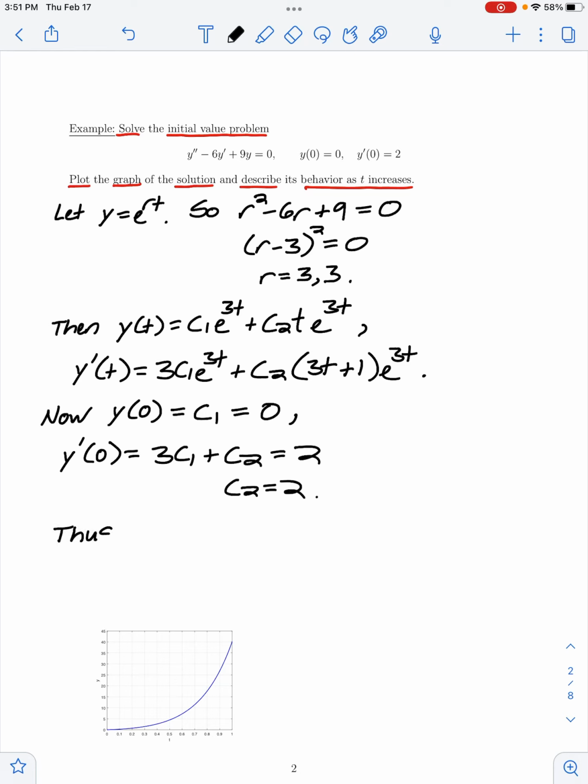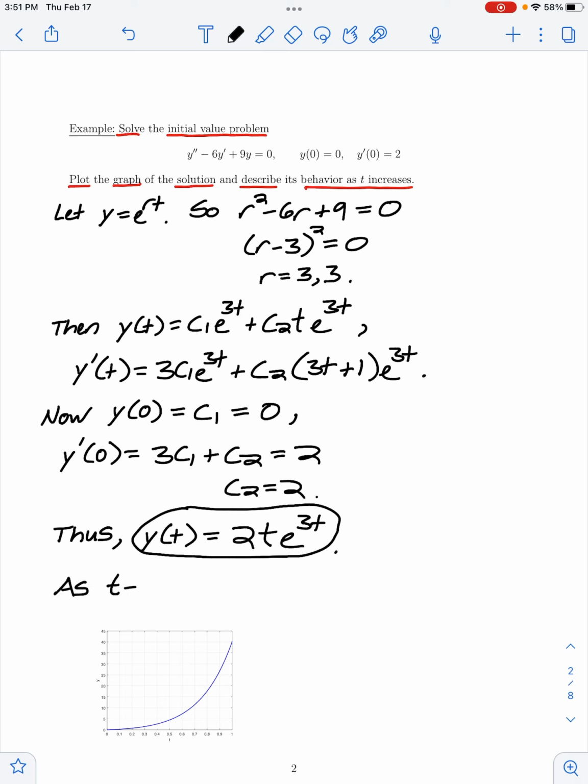So our solution of this initial value problem, y of t, is given by c1, which was 0, plus c2, which was 2, times t e to the 3t power. So this would be our solution of this initial value problem.